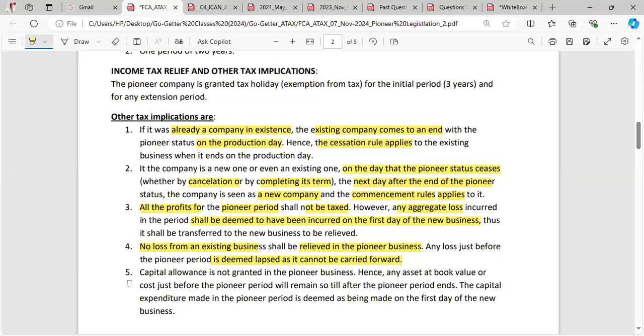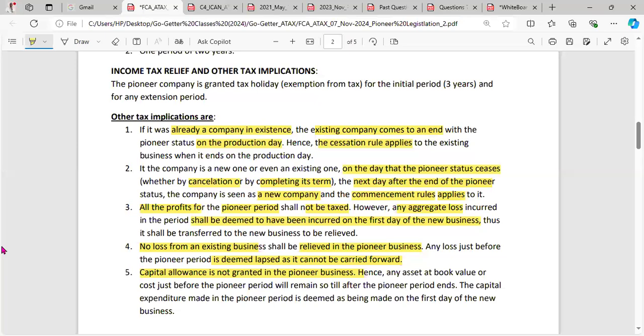What about capital allowance? Capital allowance is not granted in the pioneer period or in the pioneer business. So you see why you don't need to carry any losses into it, because you will not even be granted capital allowance. Capital allowance is usually granted to relieve you of tax burden, but you're not paying tax.